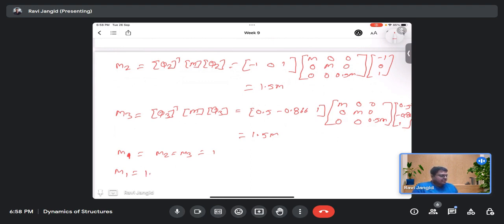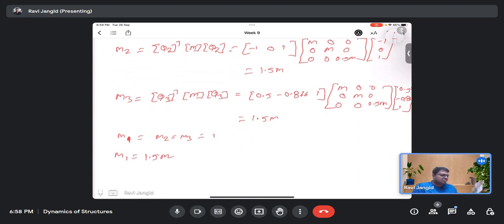initially it is coming out to 1.5m. So if I divide my mode shape phi 1 by the square root of 1.5m, I will get it.